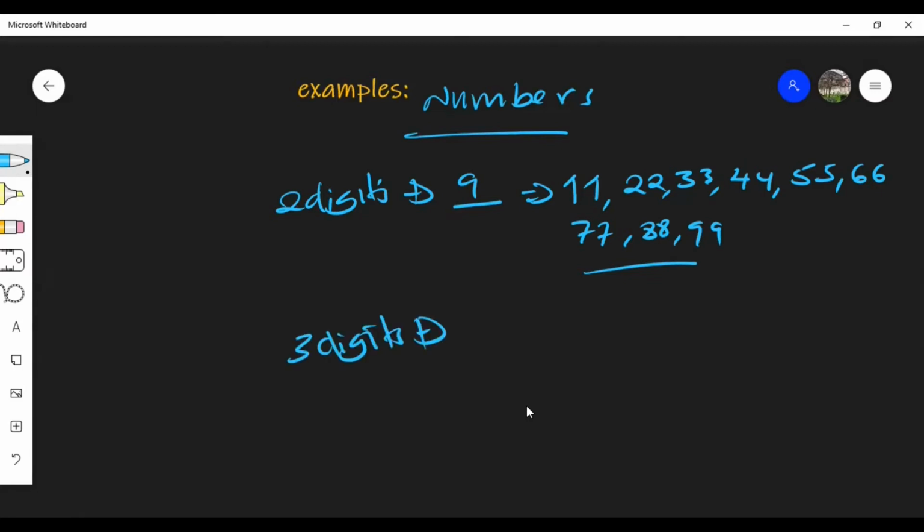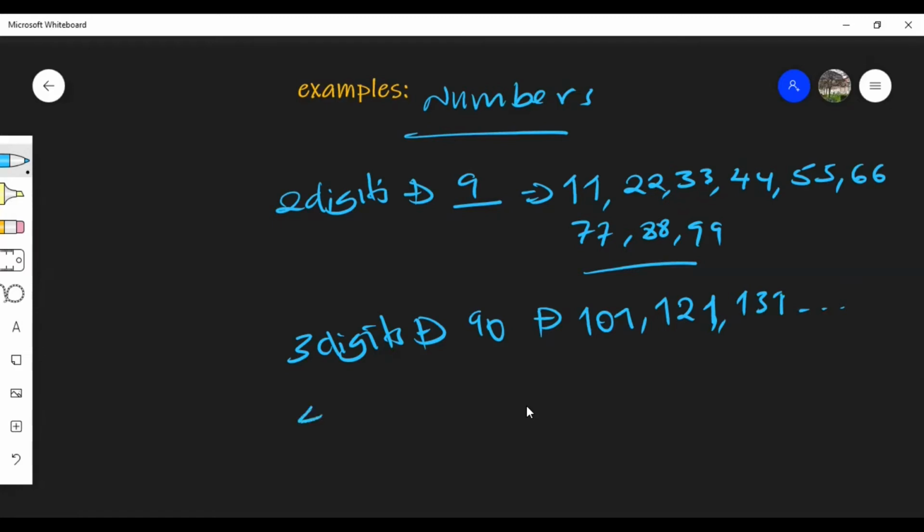Under 3 digits, that means below 1000, you get around 90 palindromes. Just a few examples, you will have 101, 121, 131, and many others.